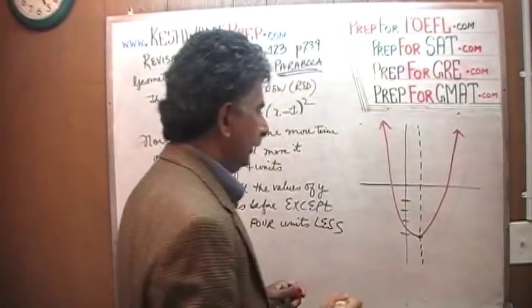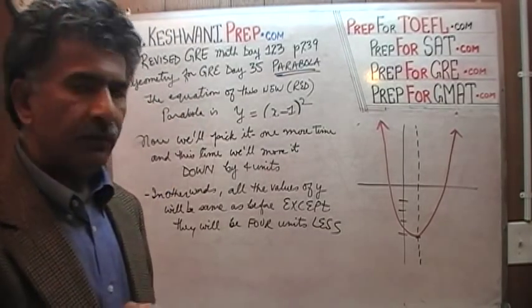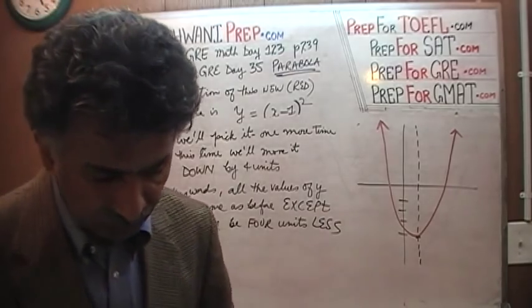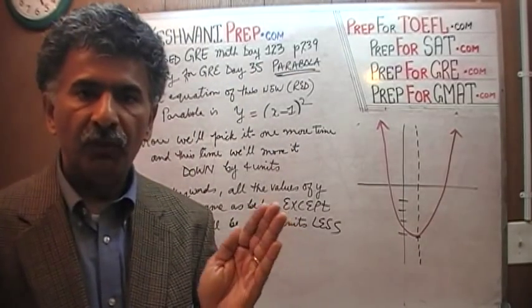Voila. This is our final parabola. The question is, what is the equation of this guy? Well, everything is going to take place, values of y are going to be same as before, but they're going to take place 4 units less.